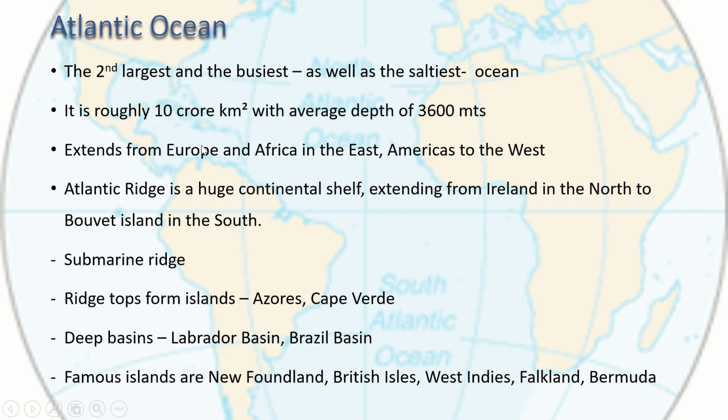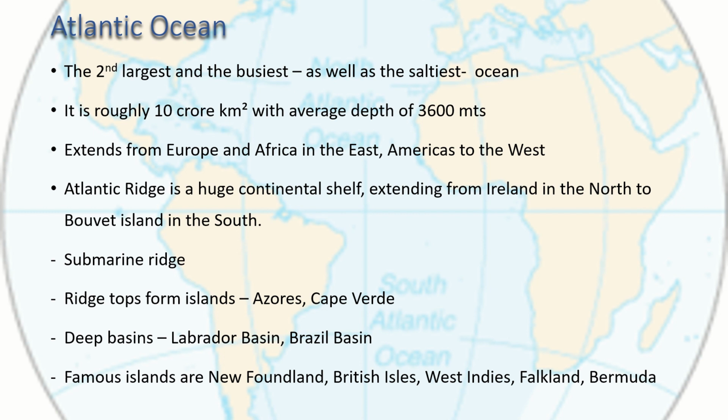It is bound by these land masses. On top it is bound by the Arctic Ocean. At the bottom there is the Southern Ocean. And towards this side we have the Indian Ocean, while towards this side we have the Pacific Ocean. This Atlantic Ocean is divided by the Atlantic Ridge. The Atlantic Ridge, children, is a huge continental shelf.